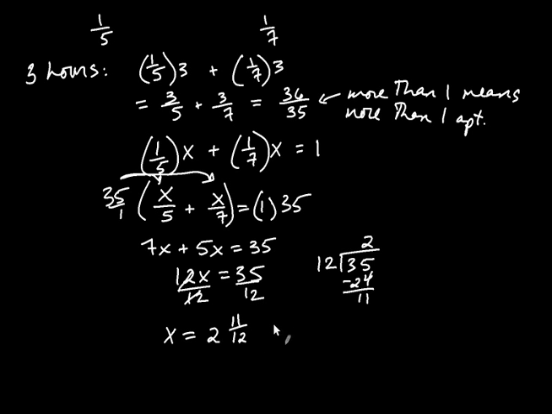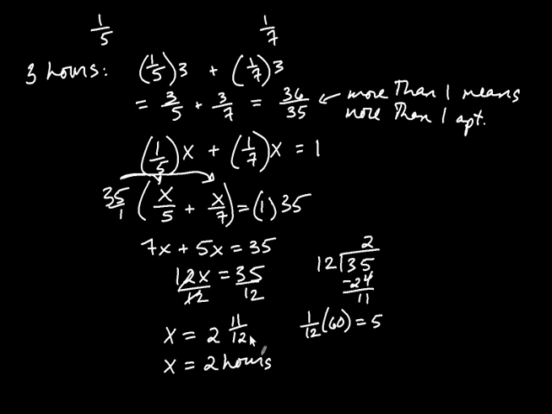So if you say 2 and 11 over 12 hours, well, what is 1/12 of an hour? Well, that's 1/12 of 60 minutes. And 1/12 of 60 minutes is 5. So 11 over 12, right? This is 11/12. It's 5 minutes 11 times. So x would be 2 hours, right? It's at least that, but it's also how many minutes?